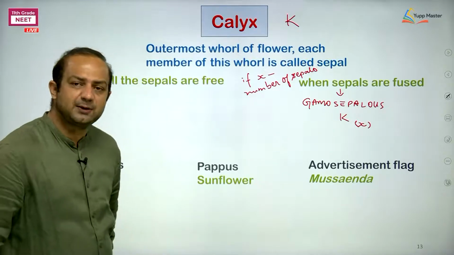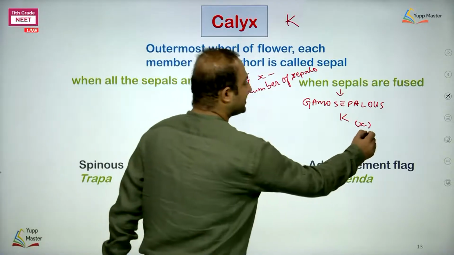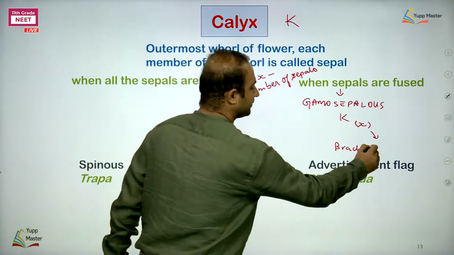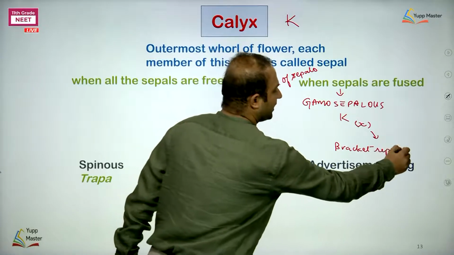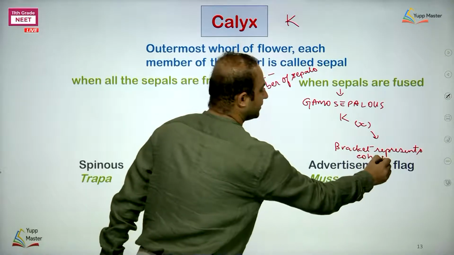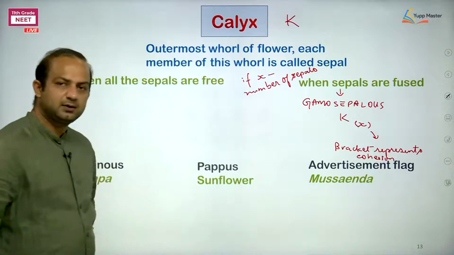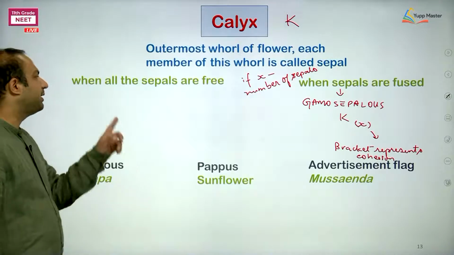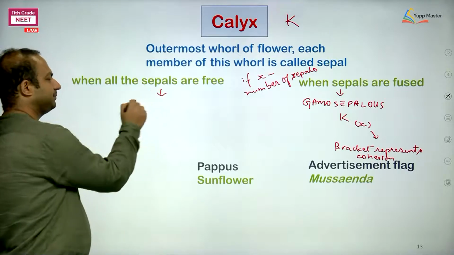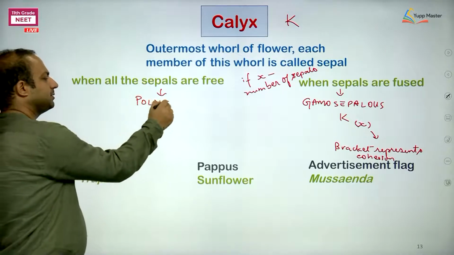So the bracket is representing what? Bracket represents cohesion, means they are fused with each other, right? If the sepals are free, very nice, no problem then. Polysepalous.